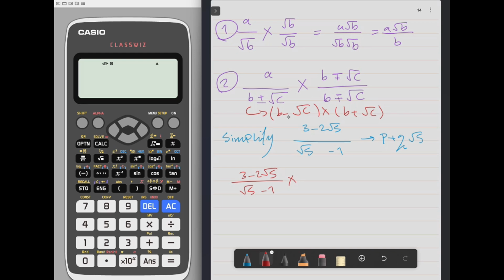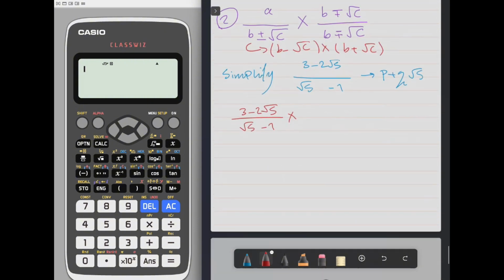So if the sign in the middle of the surd and the rational number is changed, then they are said to be each other's conjugate. So the conjugate of root 5 minus 1 is going to be root 5 plus 1.